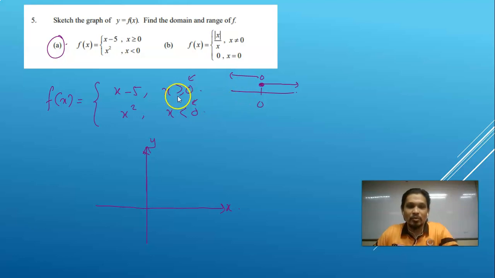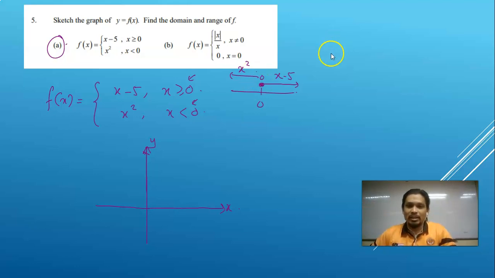So the domain of x greater than or equal to 0 is for the function x minus 5, and x less than 0 is for x squared. Meaning we divide the domain, or value of x, into two parts. One is for one function and another one is for another function.